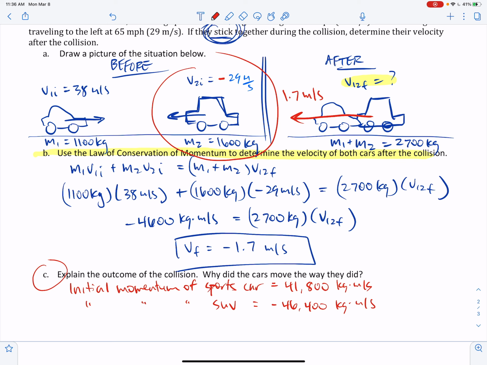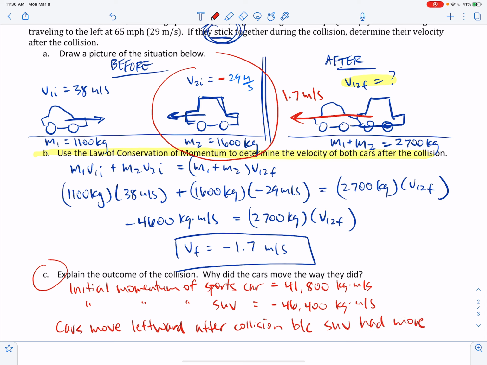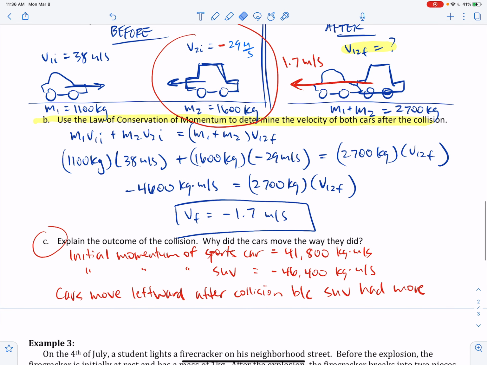So the cars move in the direction of the object that had the greater initial momentum. So the cars move leftward after the collision because the SUV had more initial momentum.